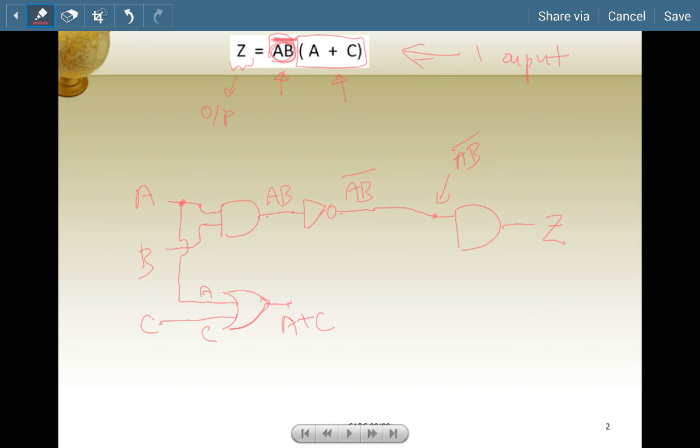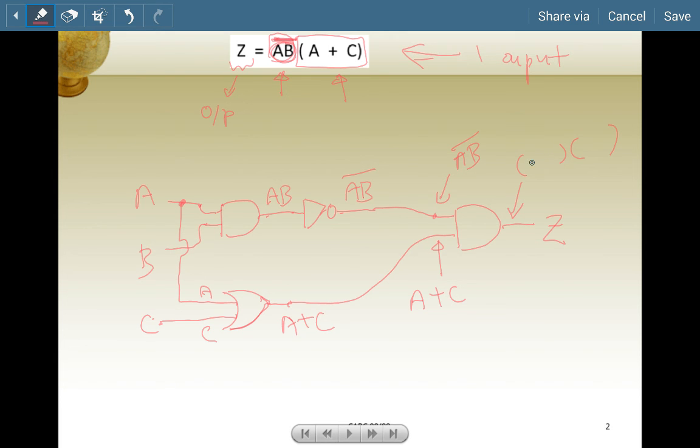Then you bring it forward to the other side of the AND gate. This portion here is exactly what you derived, which is A plus C. That's what you're trying to do, and then you go through the AND gate. This is exactly what you are trying to arrive at: something ANDed with something.